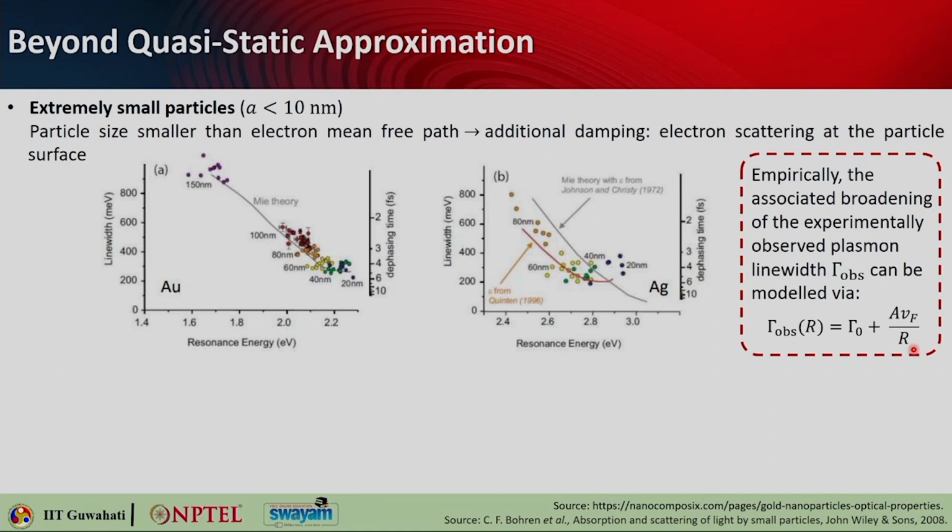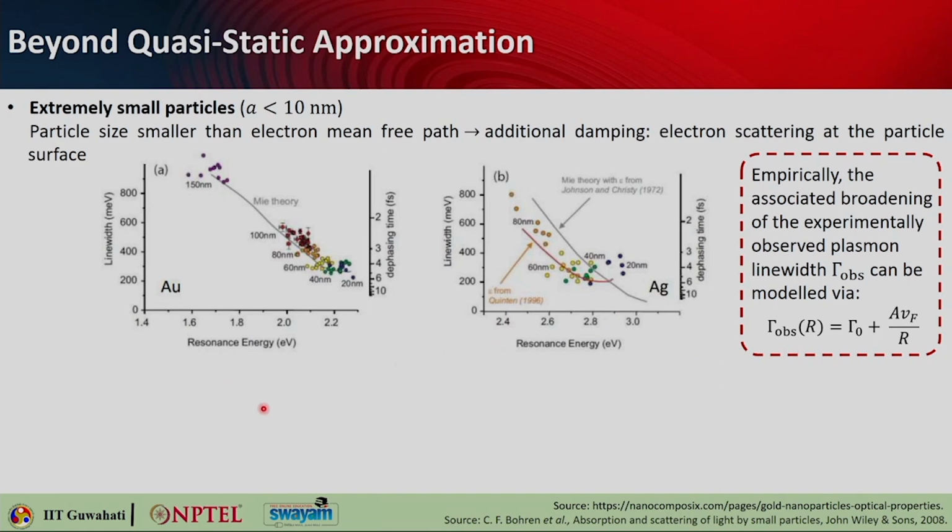If you are thinking of a thin film or a thin shell, you can take that shell dimension or thin film dimension as this R, and that will give you some additional damping, and you can put it back into the Drude formula to get what will happen to this particular resonance.